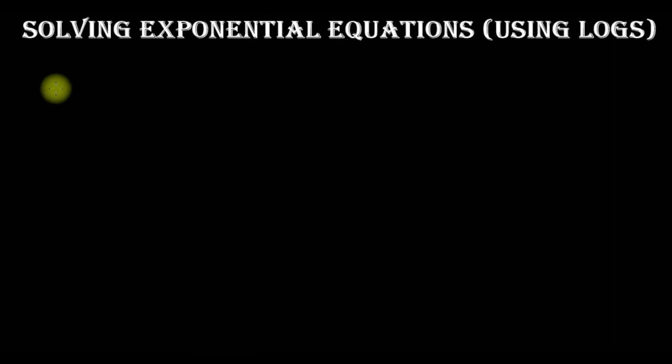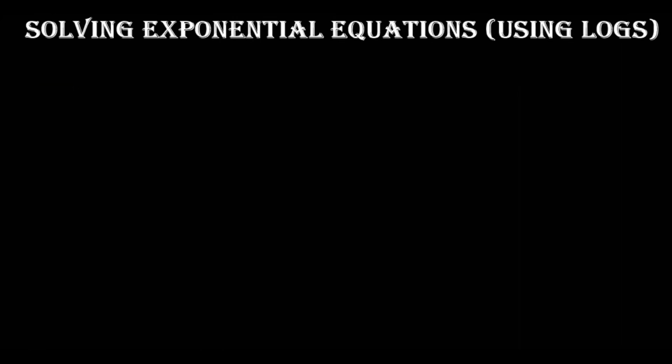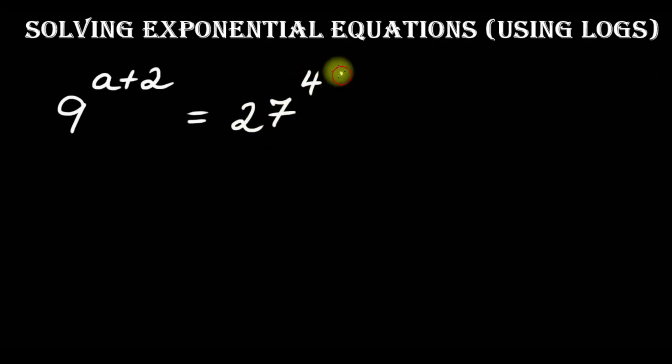Let's say I have 9 to the a plus 2 is 27 to the 4a minus 2. Okay, so this is an exponential equation, and I would like to solve this for a.